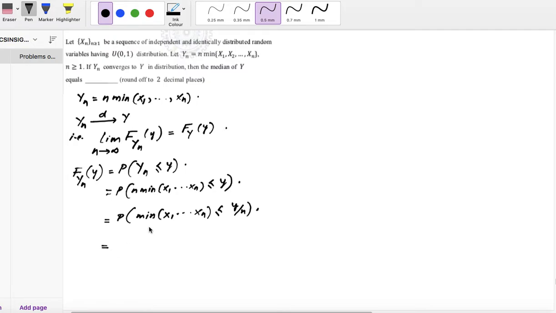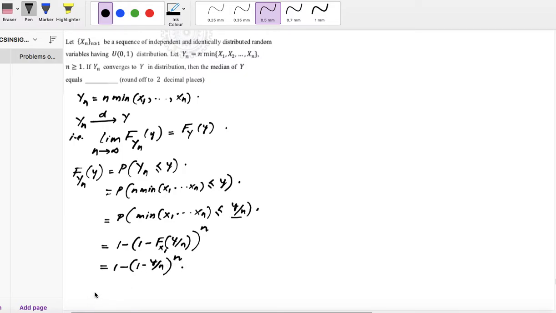Now we know the CDF of the minimum order statistic is 1 minus F of x to the power n, but here it will be F of y by n. With respect to x uniform, it is 1 minus y by n to the power n.